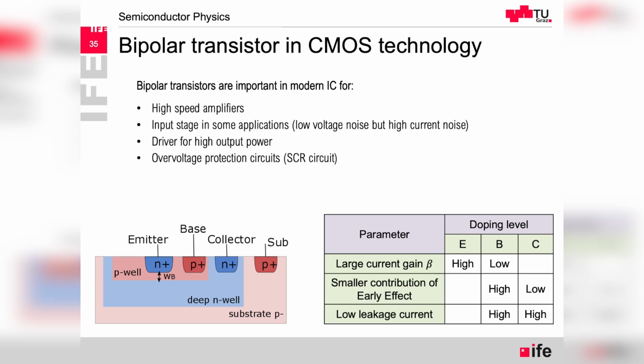So we have special processes called BiCMOS, which combine field effect transistors in the same process as bipolar transistors. For example, for high-speed amplifiers, or as an input stage in some applications, because there will be low voltage noise of the bipolar transistor, in contrast to the MOSFET transistor.